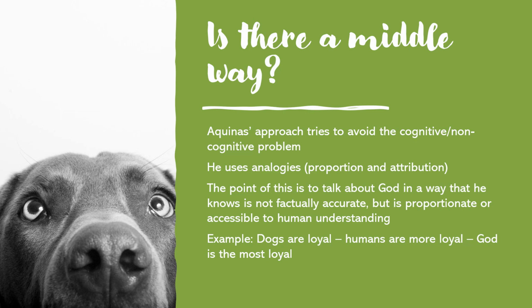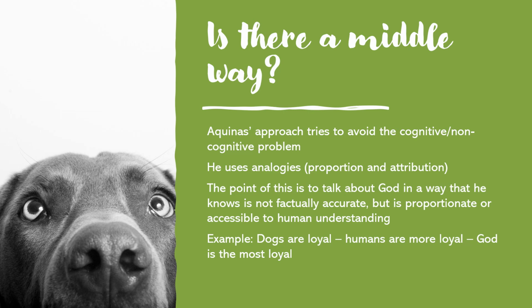So we're never going to get all the way there. There's no way to talk about God accurately. So analogy is the best we can do. So an example that we could use for analogy of proportion, well, it wasn't his example to be fair, is to say that we might be able to understand the loyalty of a dog.